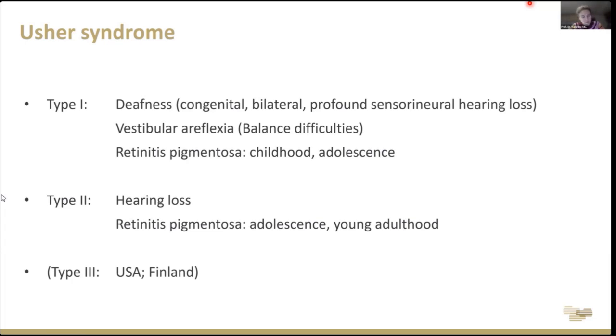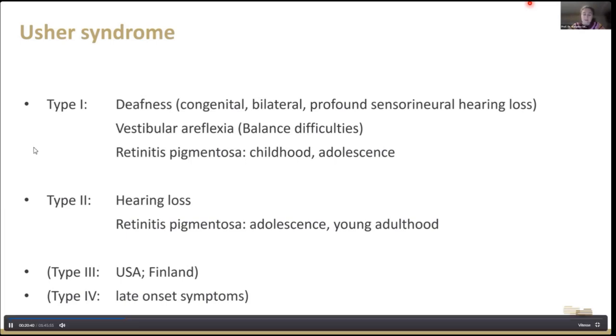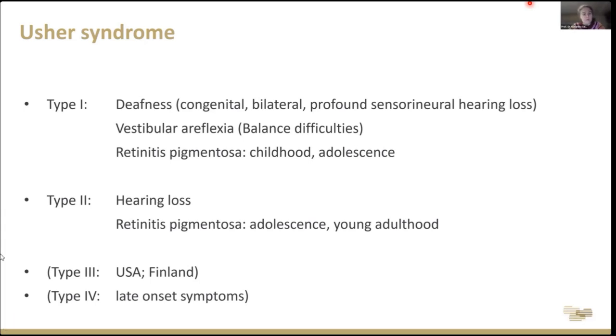We have type 3 also, which is quite rare among these rare syndromes and has been described especially in Finland and also in the United States. And a very recent type 4 has been described in the last years. This type 4 is characterized by rather late onset of symptoms for both neurosensory problems.